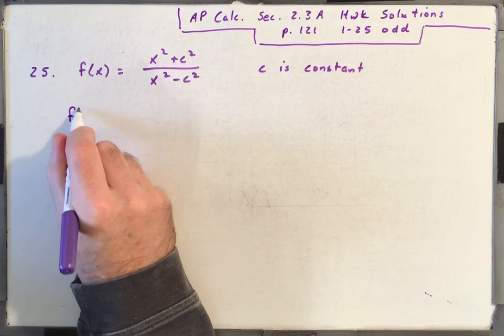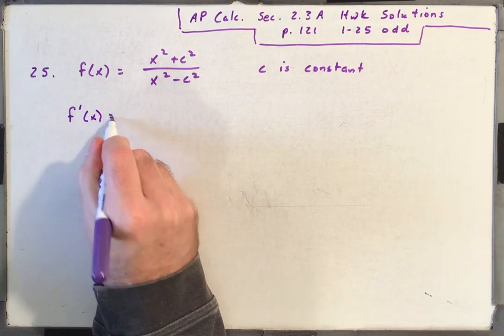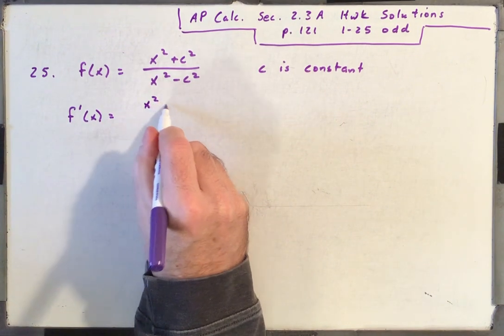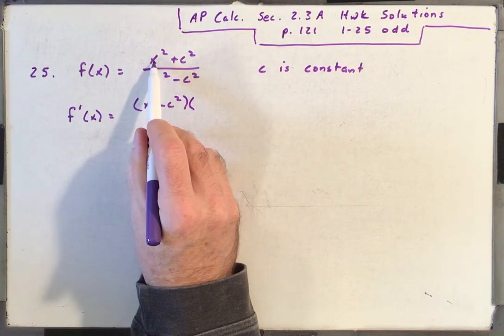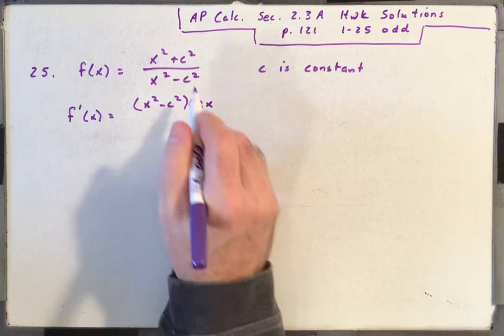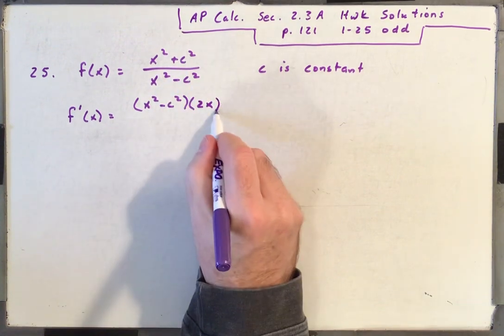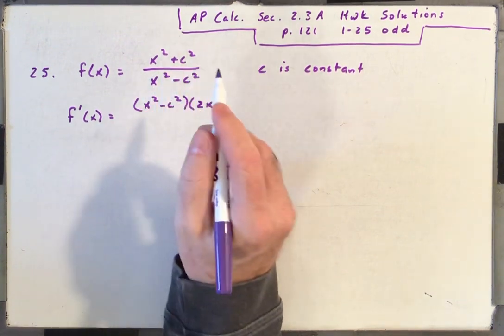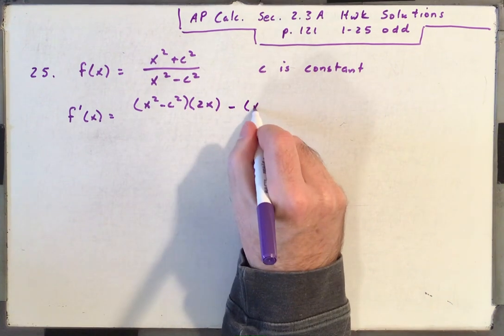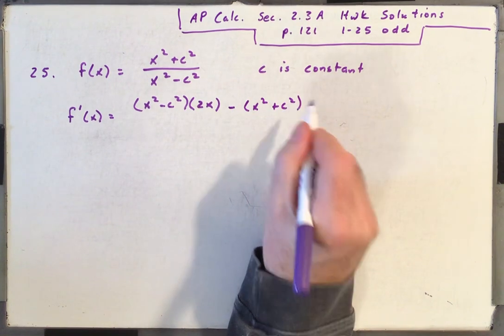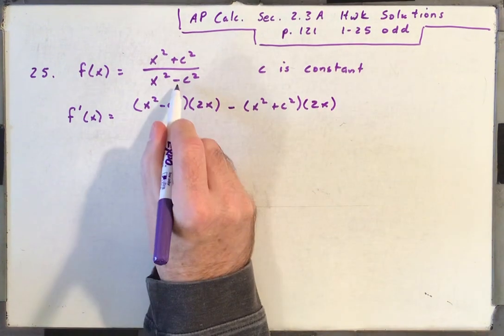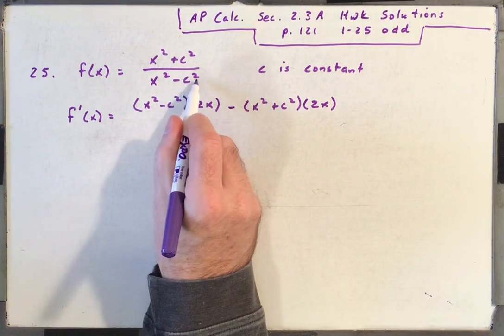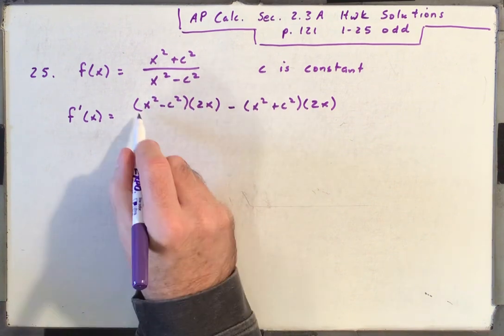Okay, f prime of x, this is going to be quotient rule. The bottom, x squared minus c squared, times the derivative of the top. Well, that's just going to be 2x because the constant just goes away. Minus the top, x squared plus c squared, times the derivative of the bottom. Also going to be 2x because the derivative of the constant minus c squared is 0.